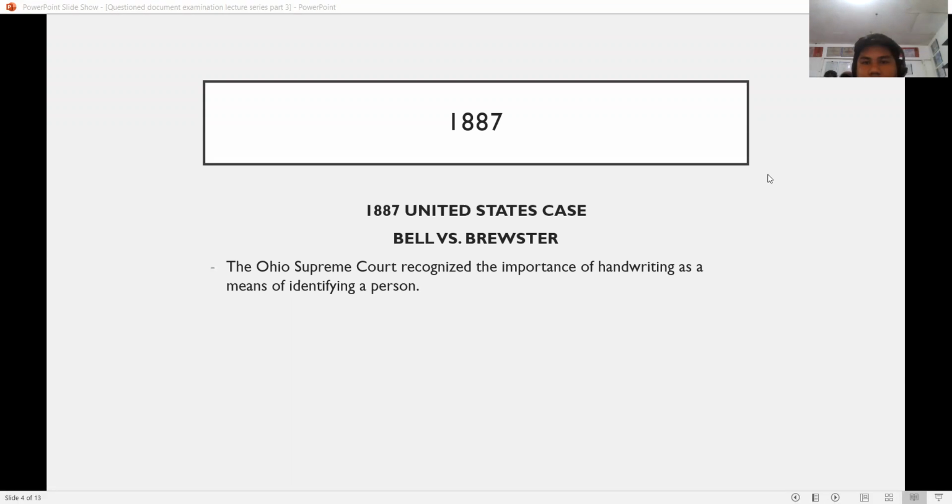If you're a document examiner, you just compare and determine similarities and dissimilarities of the handwriting of such person. So that's why you need a question document, okay, and a standard or exemplar, okay, exemplar.